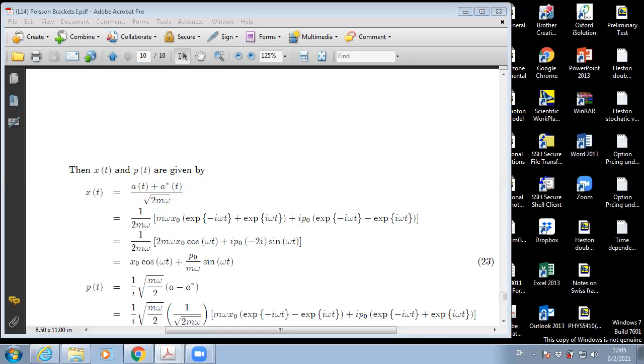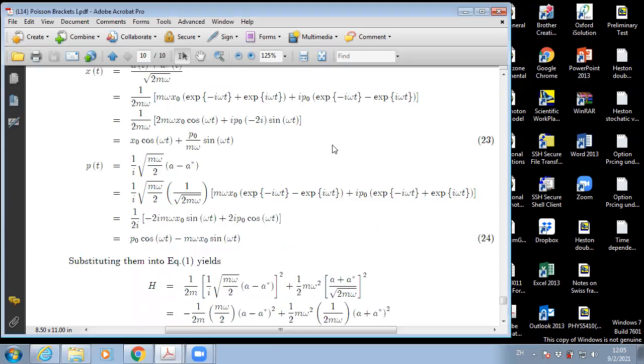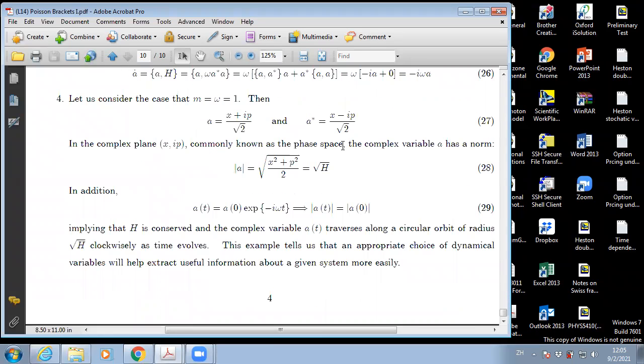When we go to the phase space, we see a circle. The variable a will follow a circular path. As you can see here, in this example, the circular path means that the H is conserved. What is the meaning of a?